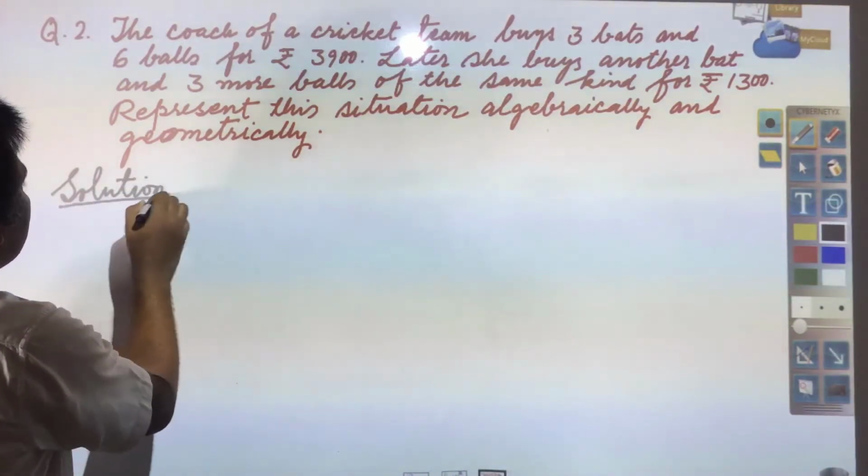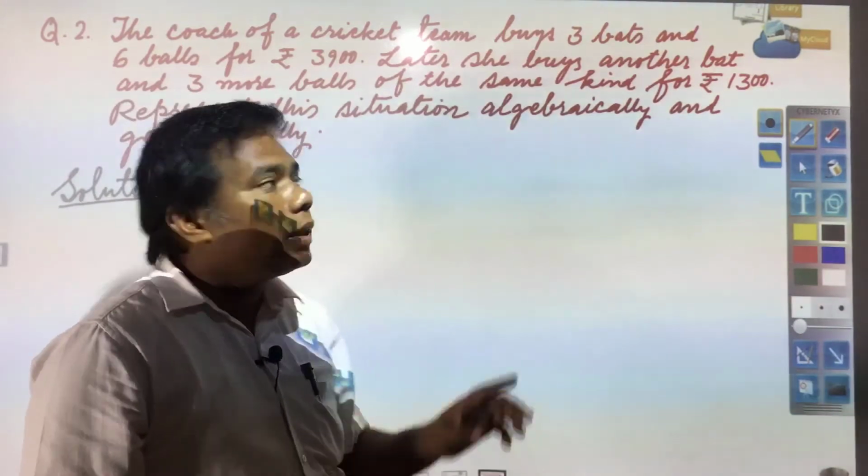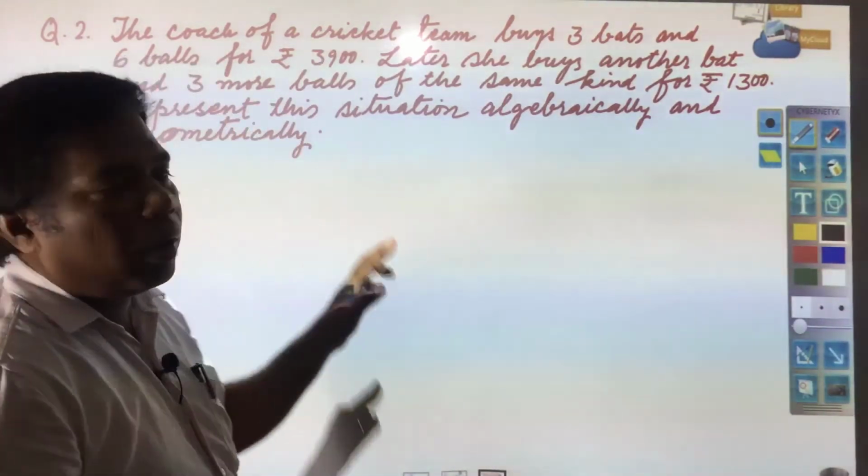First you try to understand: the coach of a cricket team buys 3 bats and 6 balls.